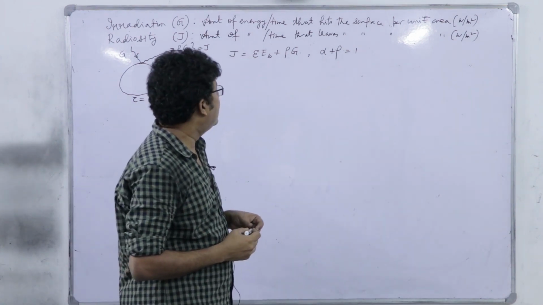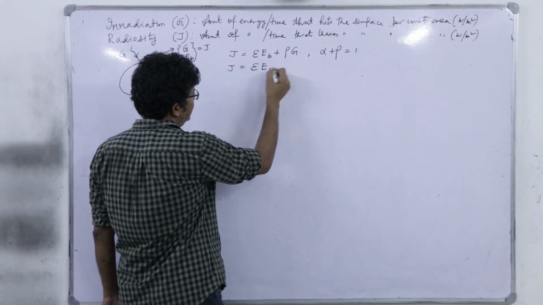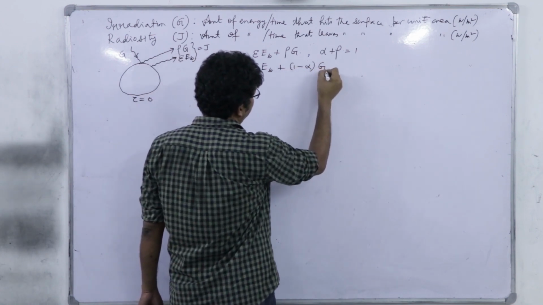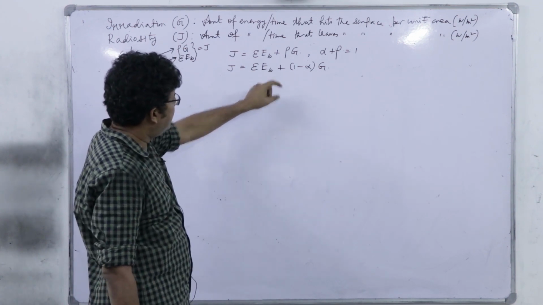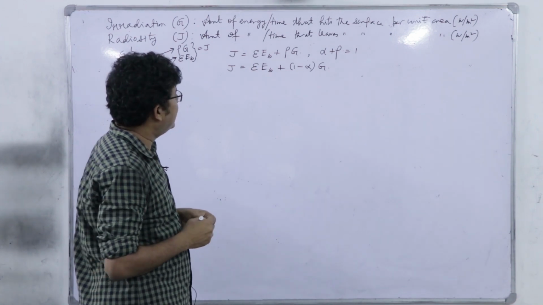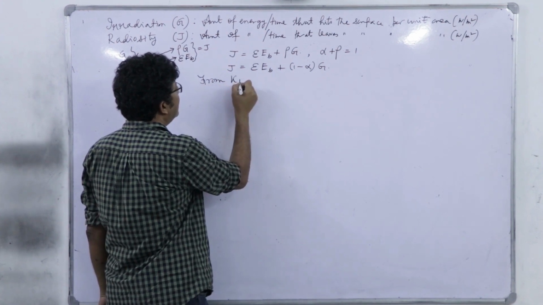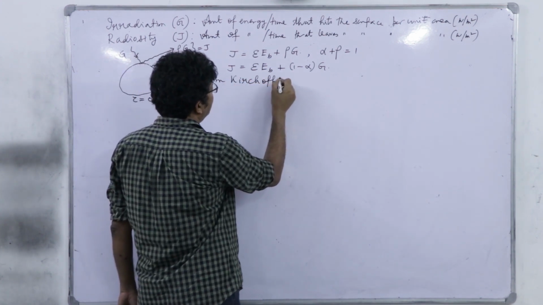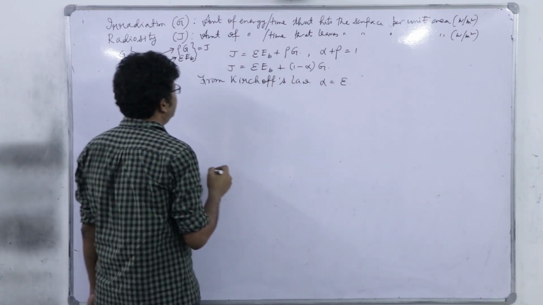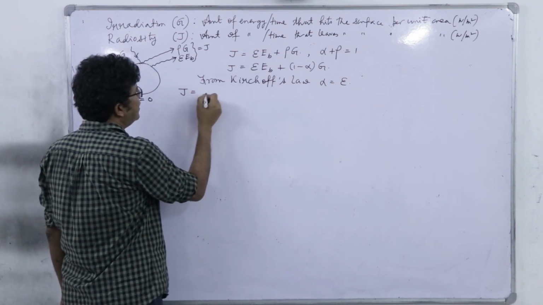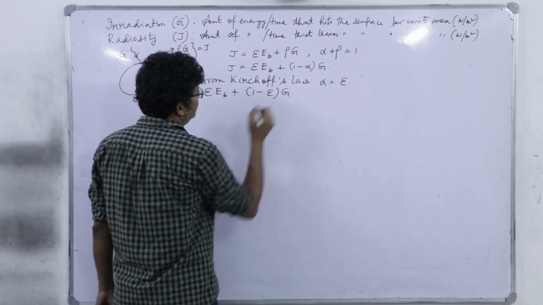So J becomes epsilon EB plus 1 minus alpha into G. In steady state, from Kirchhoff's law, alpha equals epsilon, which we have established. So J is equal to epsilon EB plus 1 minus epsilon into G.